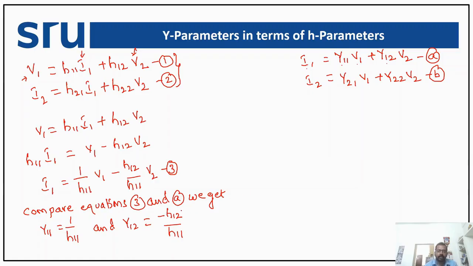Once we got this, now we shall derive Y21 and Y22, for which we shall make use of equation 2. But if you observe equation 2, we have I2, I1 and V2. But what do we require? I2, V1 and V2. So instead of I1, we require V1. So how shall we do it?